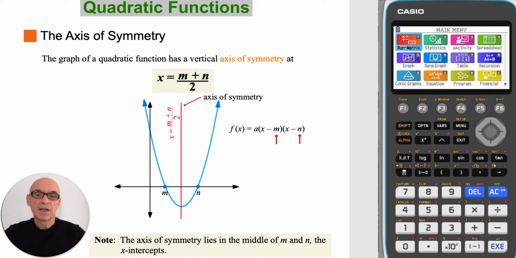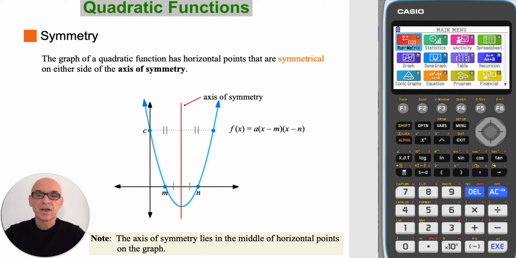The function has a vertical axis of symmetry at x equals (m + n) divided by 2. This is because the axis of symmetry lies in the middle of m and n, the x-intercepts. And the function will have pairs of horizontal points that are symmetrical on either side of the axis of symmetry.